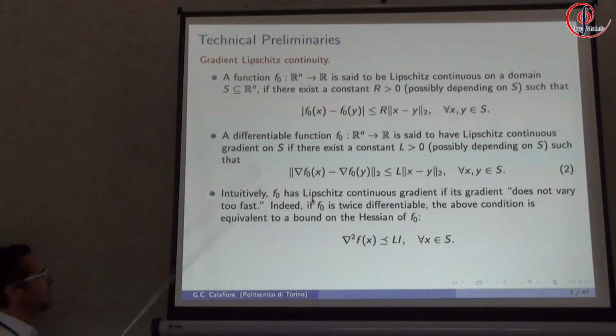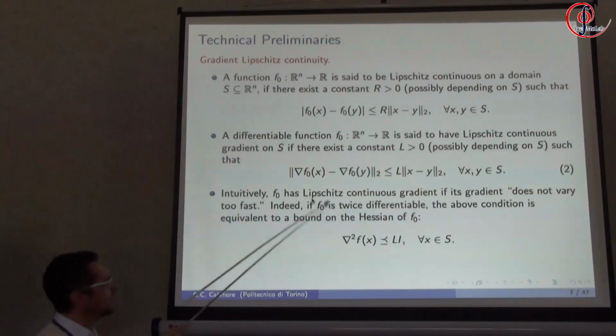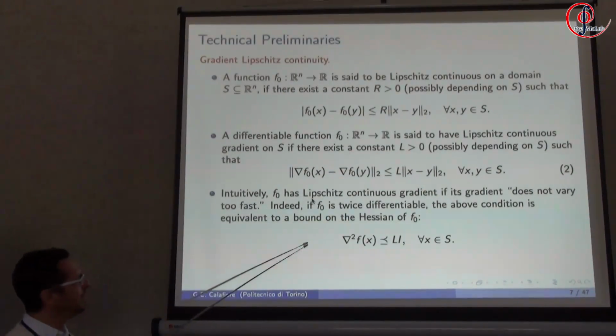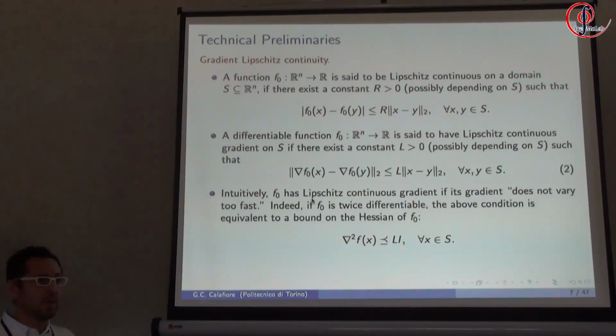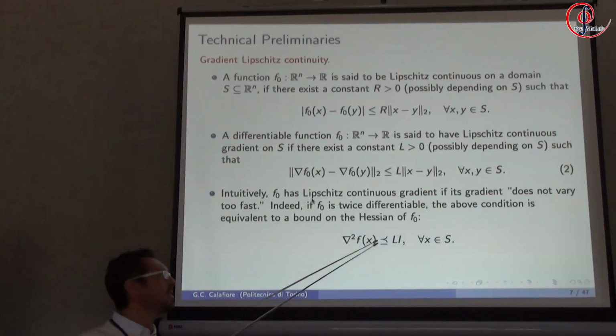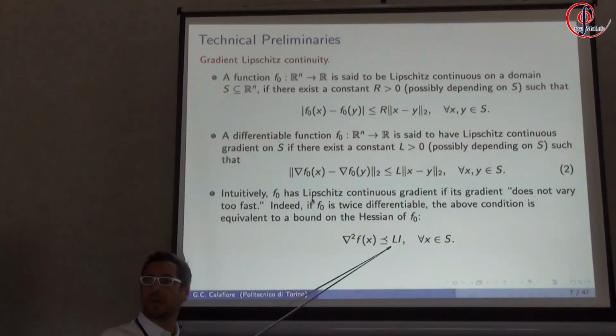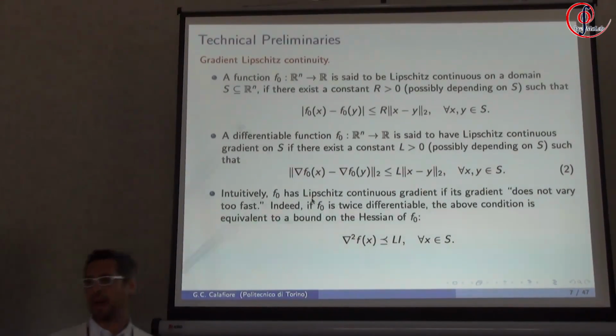It can be proved, and a proof can be found in the book by Yuri Nesterov, that this condition is actually equivalent, when f is twice differentiable, of course, to the fact that the Hessian of the function is bounded by L. The Hessian of the function is the matrix of second derivatives.